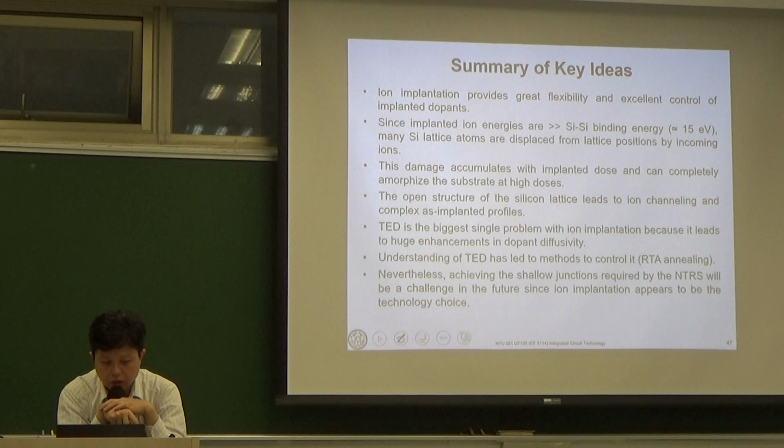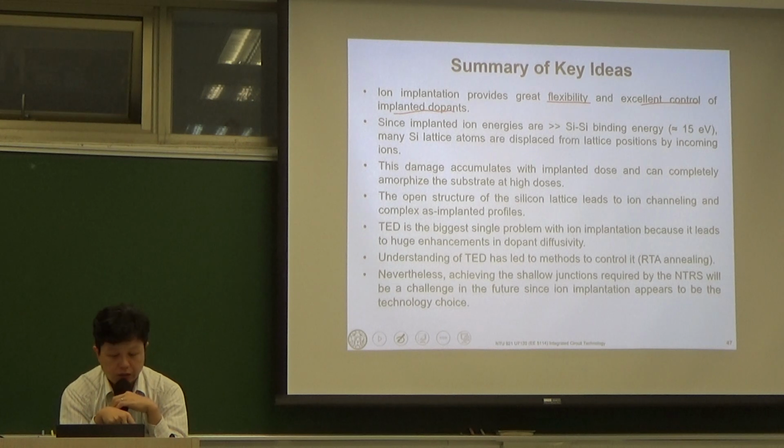Okay, so now here's a summary of this chapter. Ion implantation can provide great flexibility and excellent control of dopant. Our implanted ion energy is larger than the silicon binding energy, so you can expand your lattice.